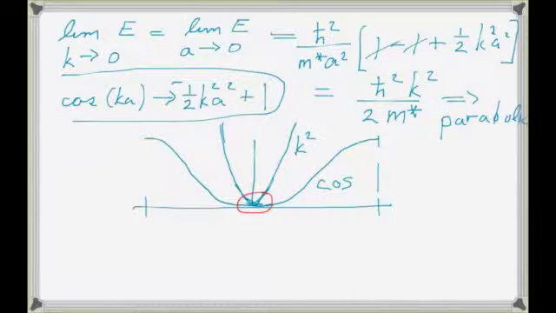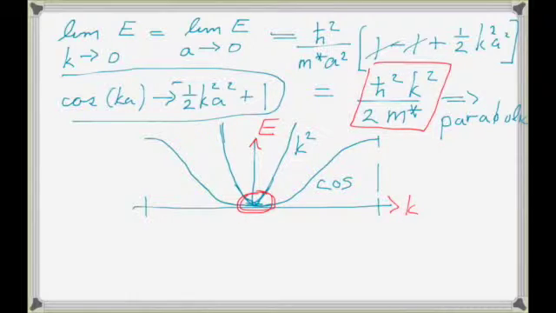So in almost all cases, this parabolic dispersion that you get from the effective mass model is good for, all right, this is the energy axis, this is the k-axis, low energies near the band edge. Remember in the very beginning, we said in your device courses, all you talk about is like E_C and E_V.